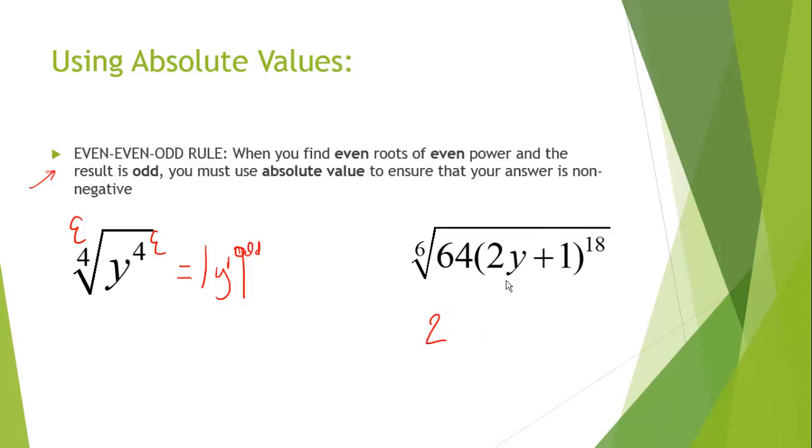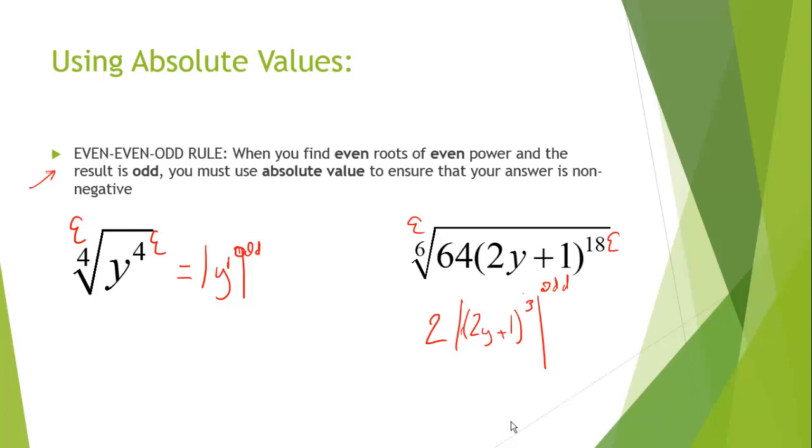Now for this, I don't know what the value of 2y plus 1 is, but using my rule, since it's raised to the power of 18, and I'm taking a sixth root of it, 18 divided by 6 is 3, so I'm going to have 2y plus 1 cubed outside my root. But look at my even, odd rule. Even index of an even power with an odd answer means I've got to actually put an absolute value bar around the expression.